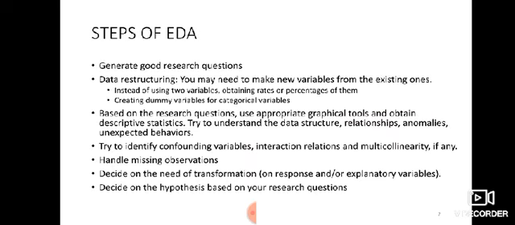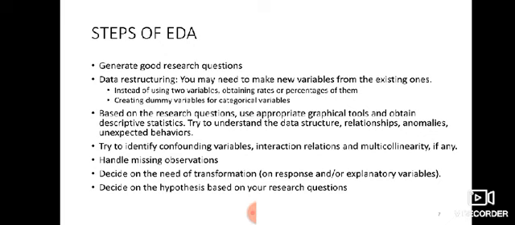So how do we do this analysis? First, we have to generate good research questions. Then we have to restructure the data. For this purpose, we may need new variables. Instead of having two variables, we can create rates or percentages from them. We can also create dummy variables for categorical data.